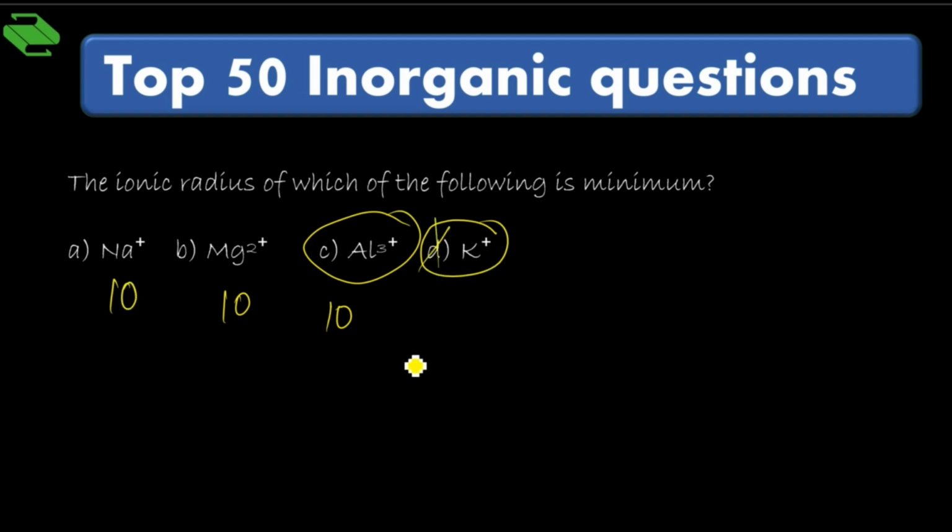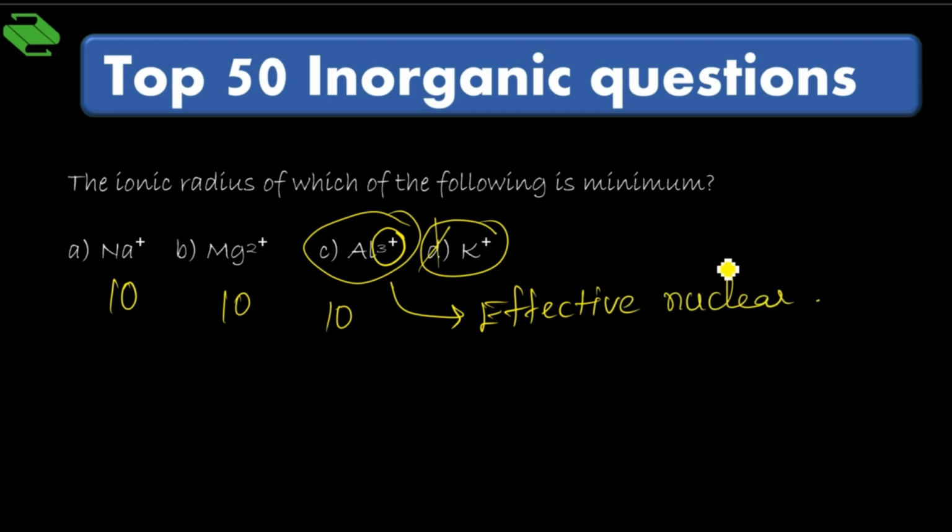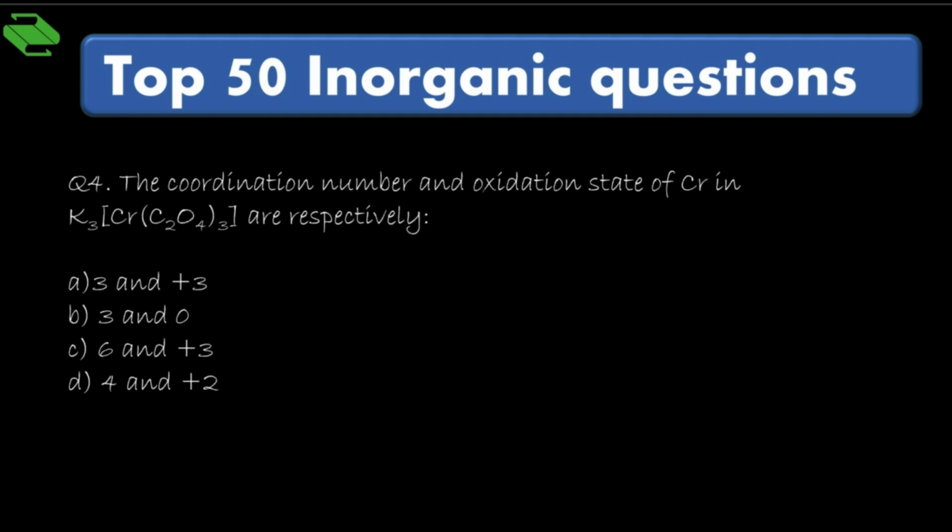So potassium is not in our count. Comparing sodium, magnesium and aluminium, 3 plus charge is there on aluminium, which makes the effective nuclear charge high because the positive charge is high. So which makes the radius smaller. And the answer to this question is aluminium.